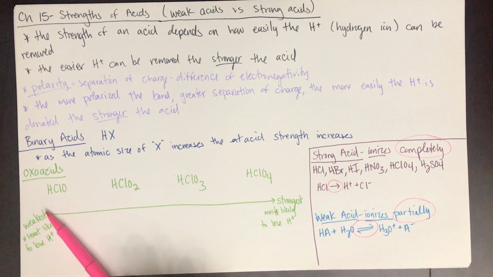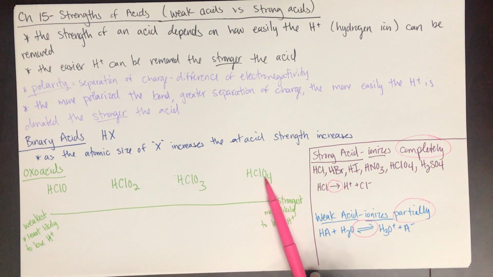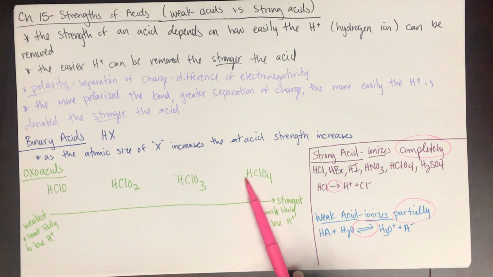Also, for oxo acids, as the number of oxygens increases, the more readily this hydrogen will be removed and the stronger the acid. You need to know these 6 strong acids. You need to know that everything else is a weak acid. Strong acids ionize completely, 100%. Weak acids ionize partially and exist in equilibrium.